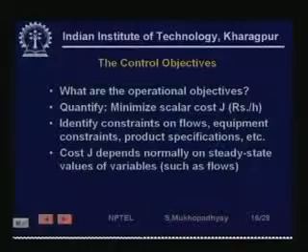And it turns out that the cost J, that is the cost that you want to minimize, generally depends much more on steady state values of variables, such as flows, especially in process control, because processes are typically not all the time oscillating, right. They will oscillate once in a while, but most of the time they are going to stay in their steady states, and therefore it is the steady state values which mainly decide the cost.